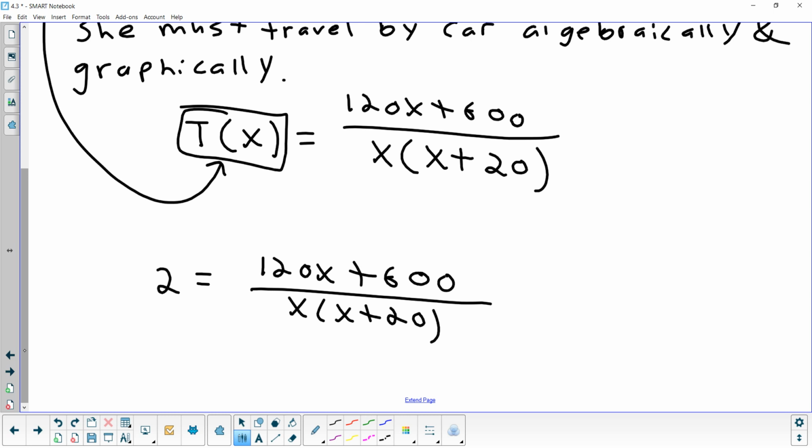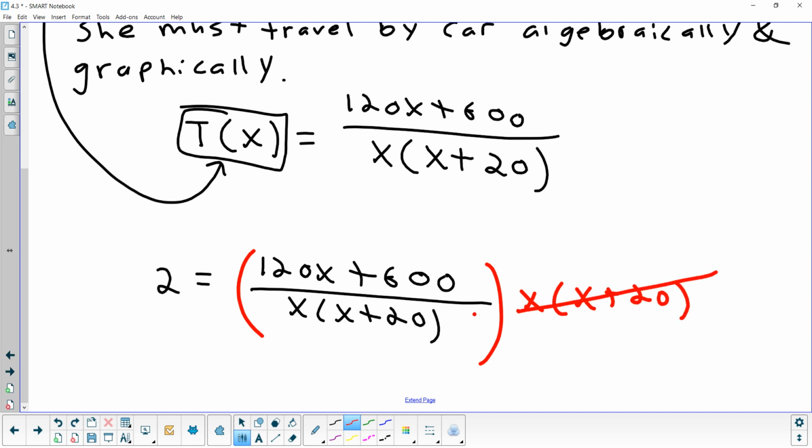X squared plus 1x. Yeah, in fact, for now, I'm going to have to do what you just said in a minute, but I'm just going to leave it as x times x plus 20. And if I multiply that on the right, that cancels out. And I'm going to multiply by x plus 20 on the left. Now I have a distributive property. I'm distributing a 2 and an x to what's inside the parentheses.